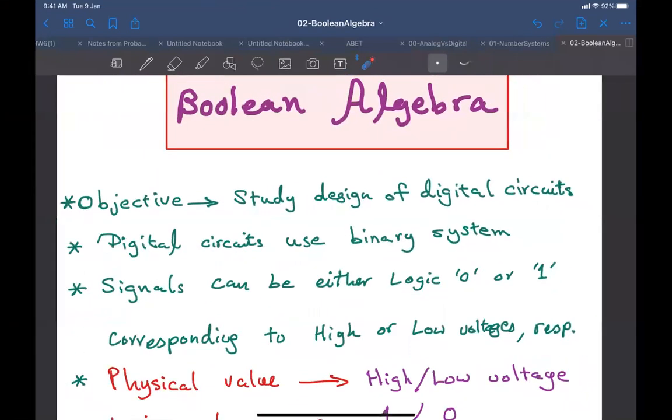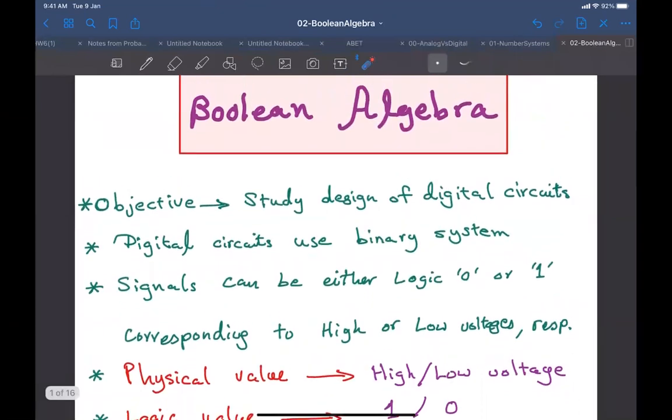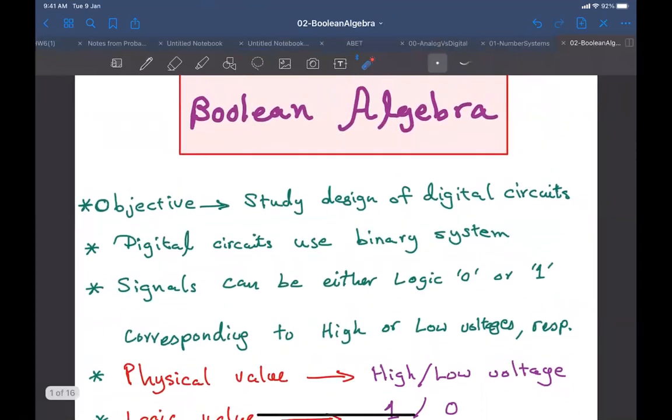In the Boolean algebra unit, the objective is to study the design of what we call digital circuits. Digital circuits use the binary system that we studied.